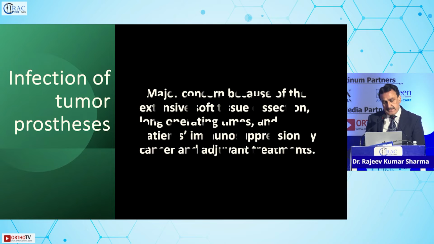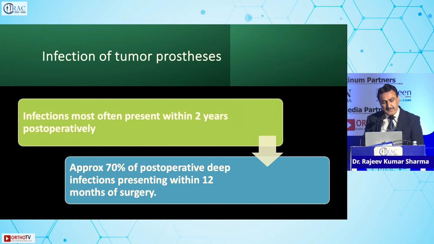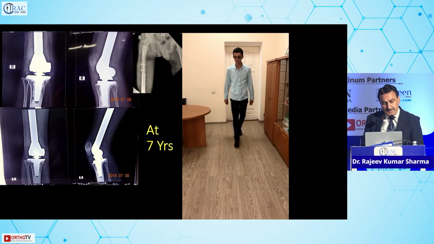And we see the major concern, as we discussed already, because of the extensive soft tissue dissection: approximately 70% of post-operative deep infections presenting within 12 months of surgery is a common feature in mega prosthesis. In fact, one of our papers on this has gone to the Journal of Arthroplasty.